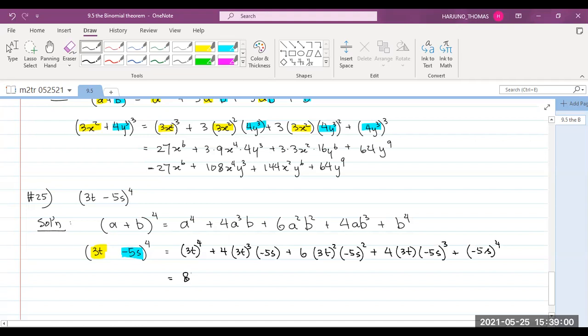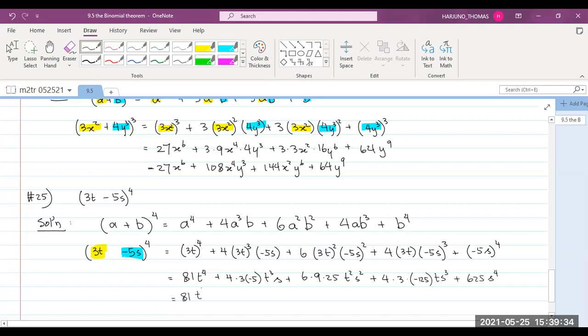This is 81t to the 4th plus 4 times 3 times negative 5 t cubed s plus 6 times 9 times 25 t squared s squared plus 4 times 3 times negative 125 t s cubed plus 625 s to the 4th. But basically everything after this is algebra.